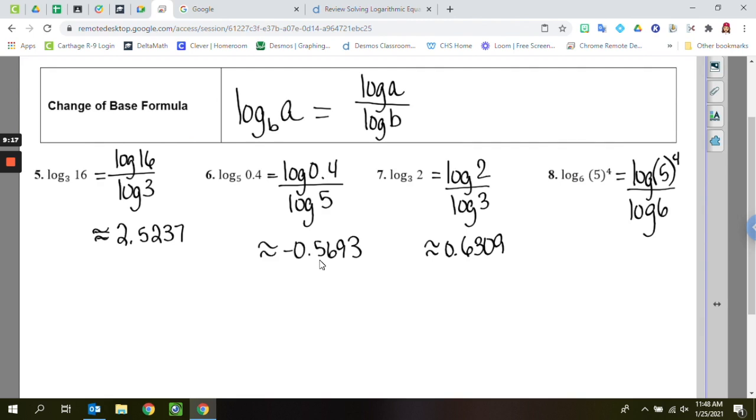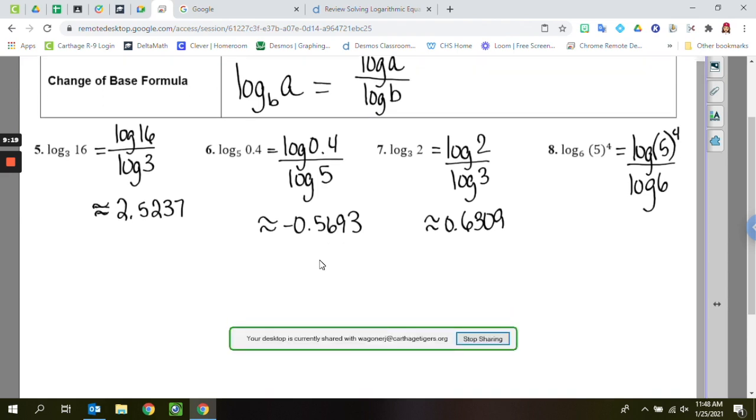A number, one's like number 8. I can move the exponent of 4 in front and type it in like this.